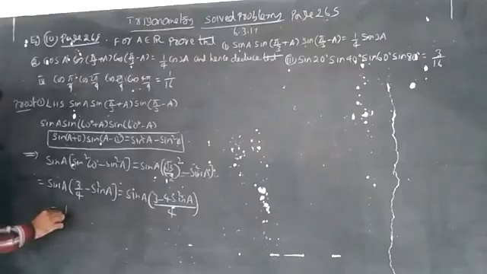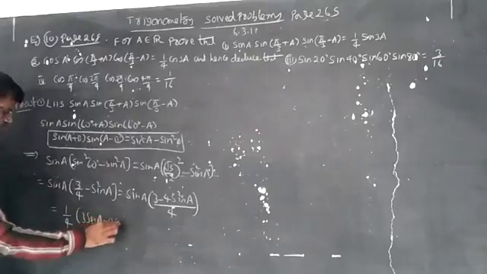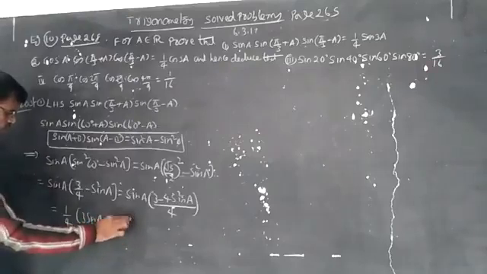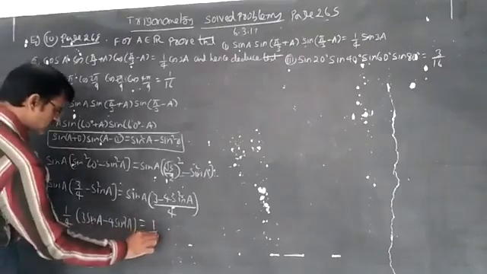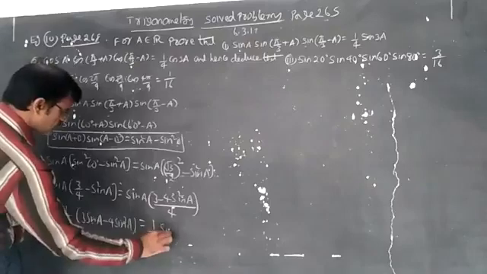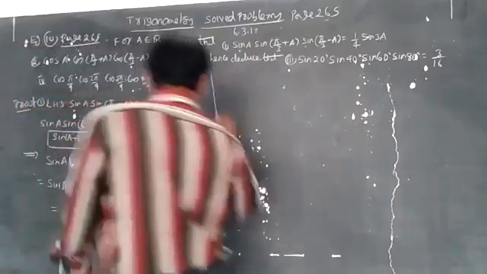Take 1 by 4 as common and multiply with sin A, it becomes 3 sin A minus 4 sin cube A. We know that the formula 3 sin A minus 4 sin cube A is equal to sin 3A. So this is the RHS, this is 1 by 4 sin 3A.